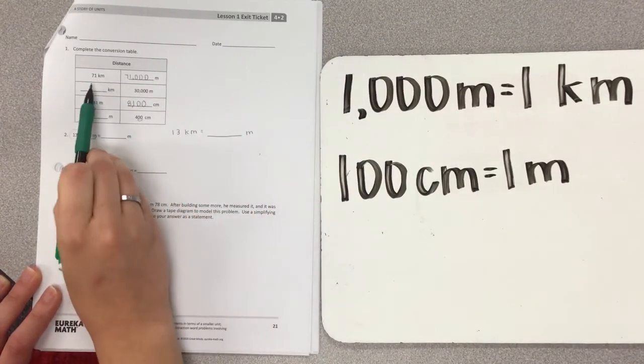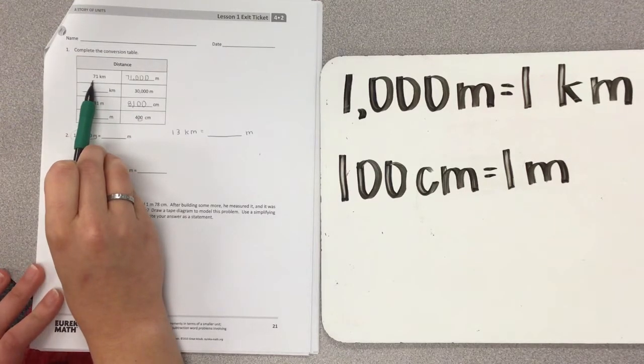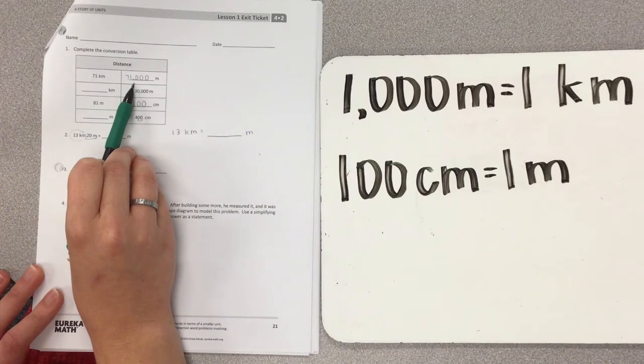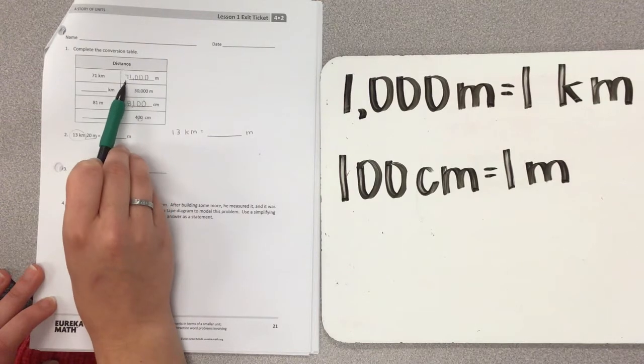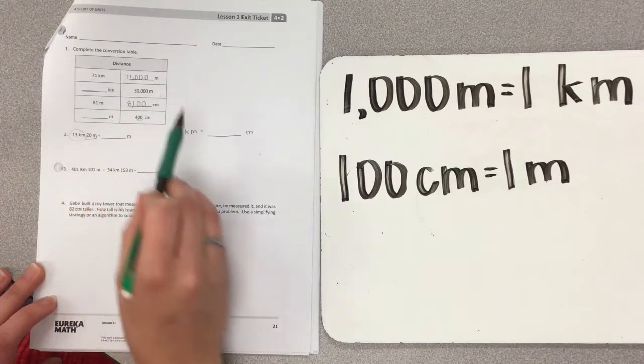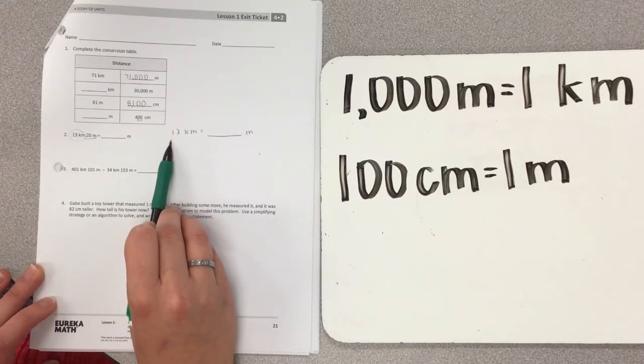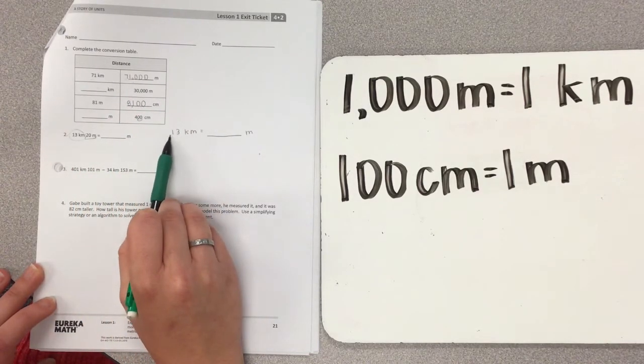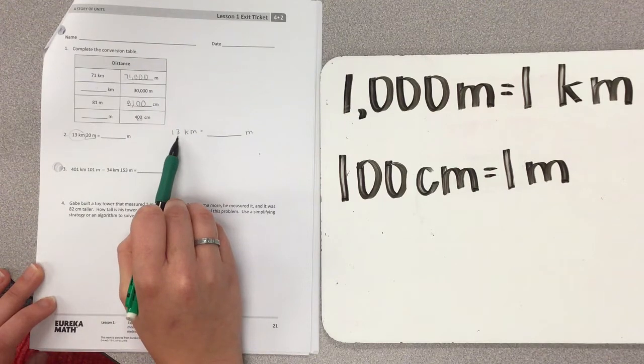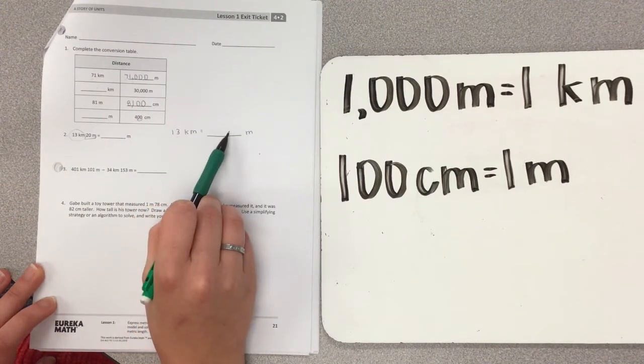Now remember, this is very similar to what we did up here. 71 kilometers is the same as saying 71,000 meters because we're multiplying by 1,000. We're taking those 3 zeros and putting them at the end of our number 71. So what if we did the same thing here and we multiplied this number 13 by 1,000? How many meters would you have then?